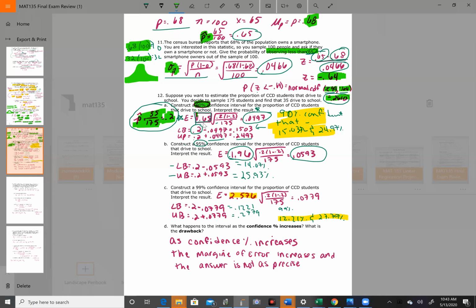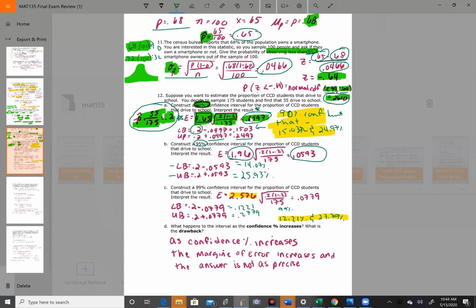Because we have a confidence in question A of 90%, we are going to use this as your z alpha, I think is what they called it. Then we multiply it by your sigma, and we get 0.0497. This is our margin of error.